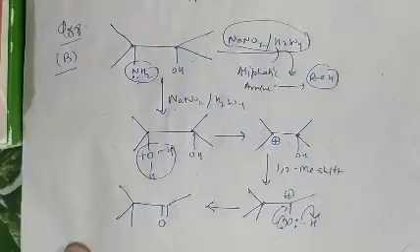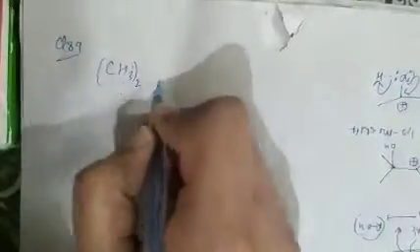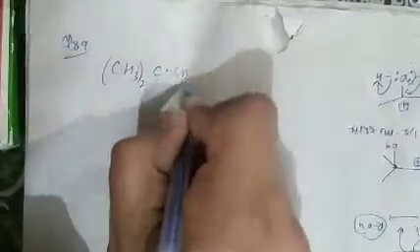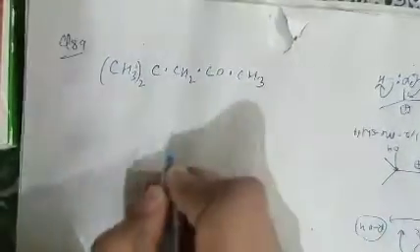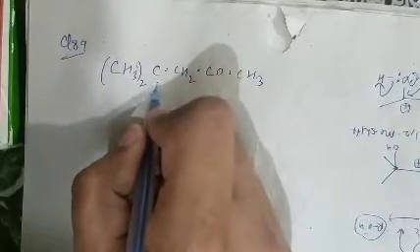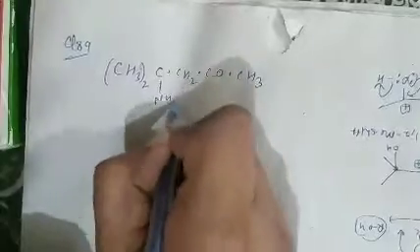See question number 89. In question number 89, what is given there? The compound is, as we can see, CH3 twice, CH2 and CO dot CH3, and this compound also carries an NH2 group on a carbon atom.